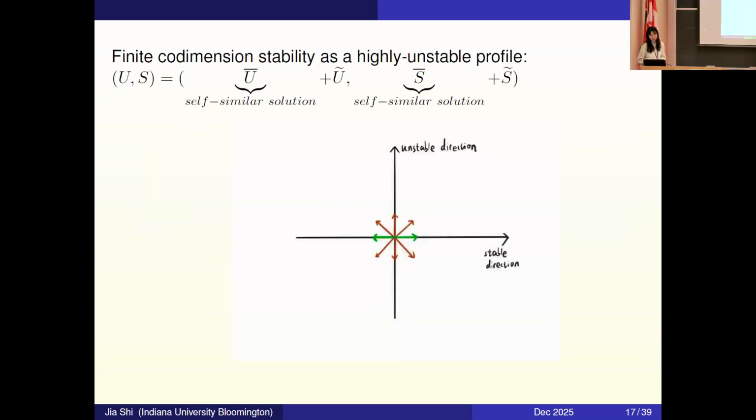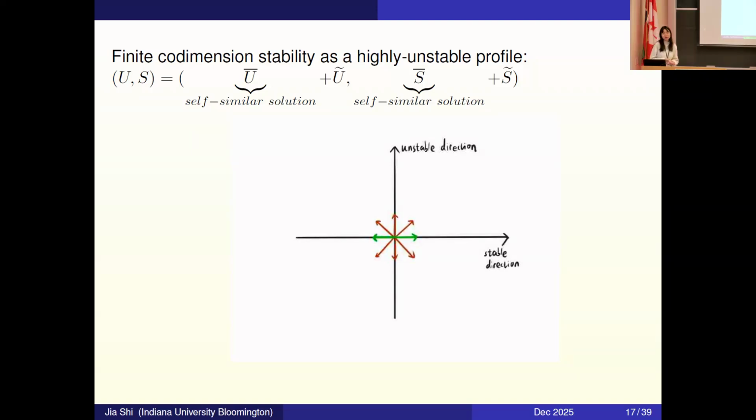And this is, in principle, a highly unstable profile, because as long as you have one unstable direction, of course, you have infinitely many stable directions that you can perturb from. But only when you perturb along the stable direction, the green direction, do you have these stability results. Well, if you perturb through the red direction, there will be a non-zero component in the unstable direction. And through all these red directions, if you only have finite codimension stability, you cannot see anything.